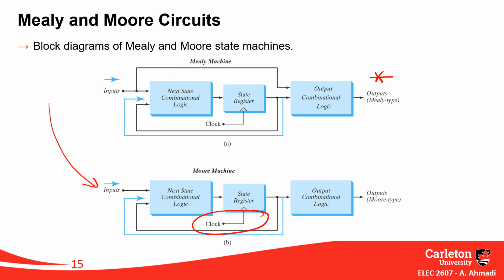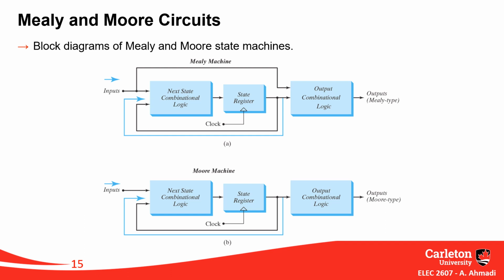But in Mealy machine, it might happen. It might happen, well, not necessarily in every circuit, but based on your logic, based on how you used it, it might happen. So if you want to decide which one is more preferable, generally Moore machine is better synchronized, more disciplined, your clock has a full control on your output, but in Mealy circuit, you not necessarily have full control of that, right?